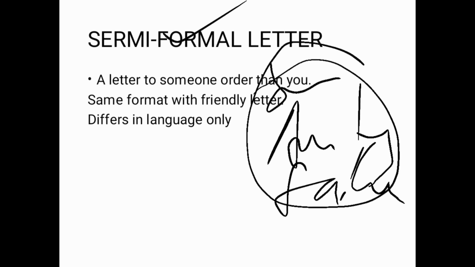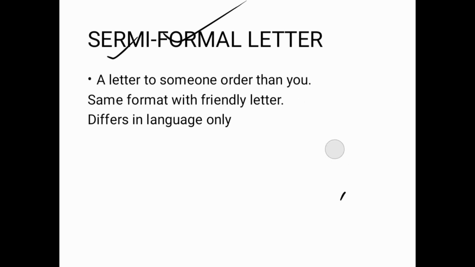You cannot be using slang. They are older than you. So, whenever you write a letter to one of these, then you're writing a semi-formal letter. Whereas when you write to that friend of yours, a friend whom you can tell everything, or as long as that person is just a friend, we call that an informal letter.